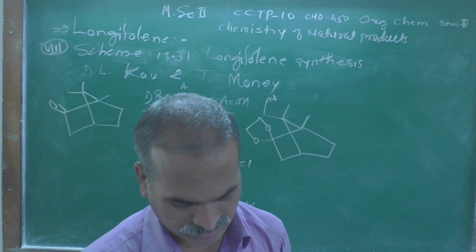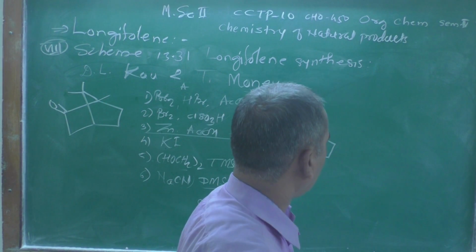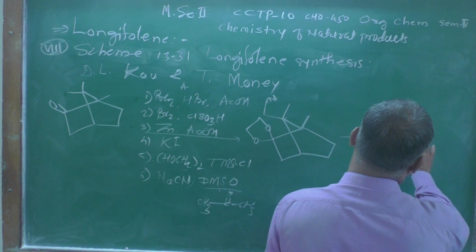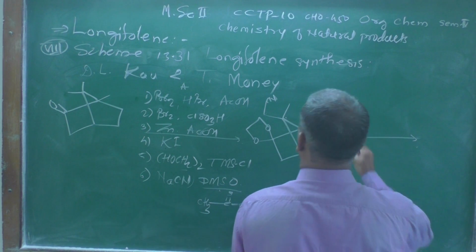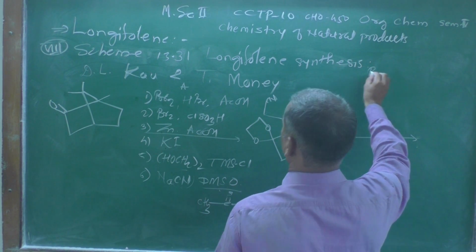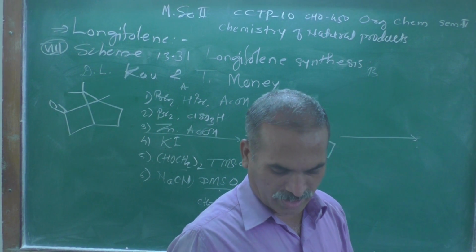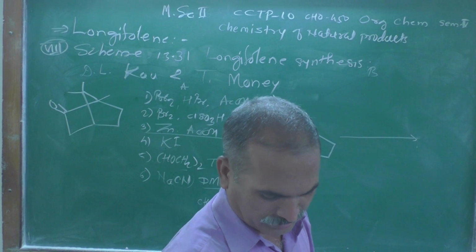So these are the things taking place over there. Then after that, when adding the reagent B over here, this is the A reagent. Now we are going to add the B reagent.